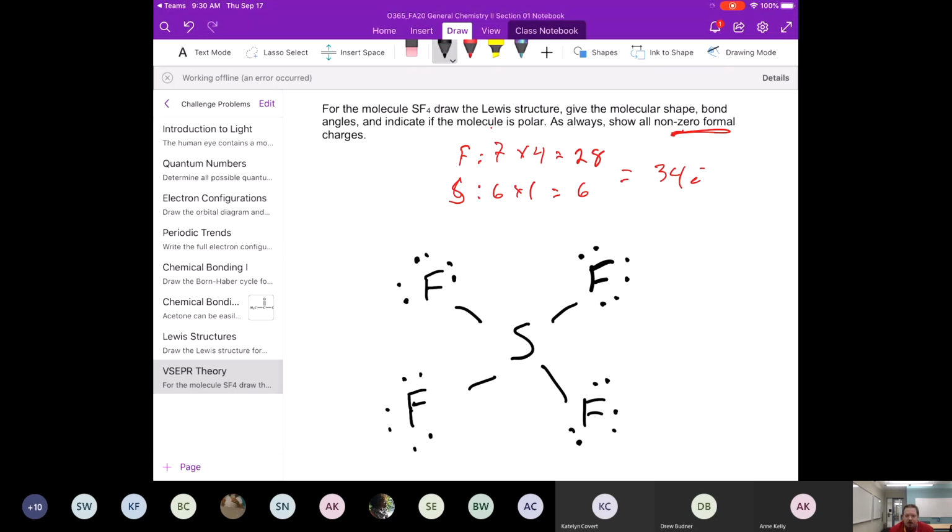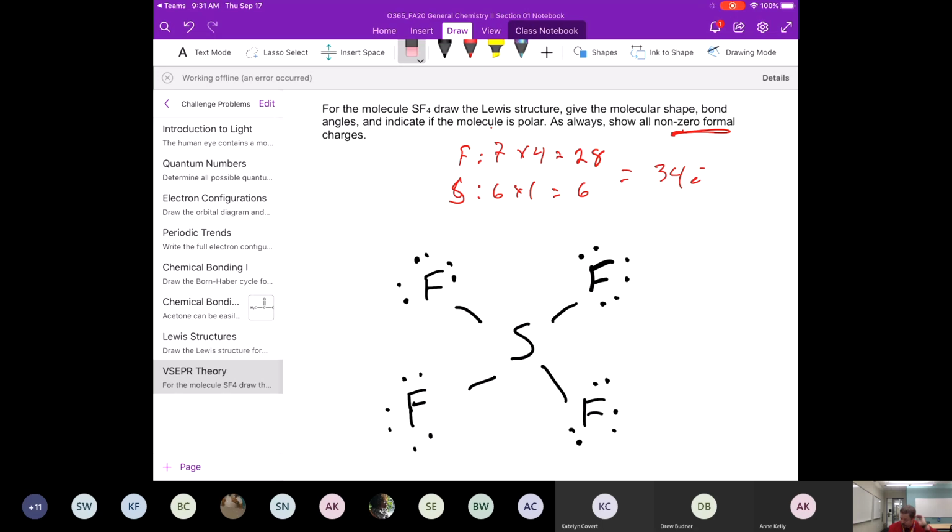So how many total electrons are we showing in this structure? Each one is the same. Around this fluorine, we have 8. So 8 times 4 is 32.